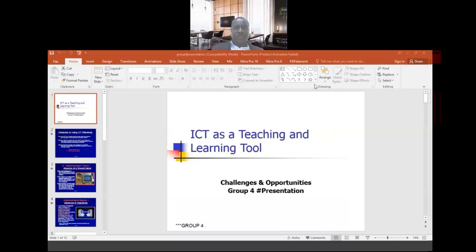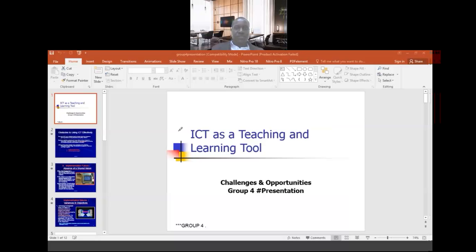We're going to look at two aspects for today as far as ICT as a tool in teaching and learning is concerned.